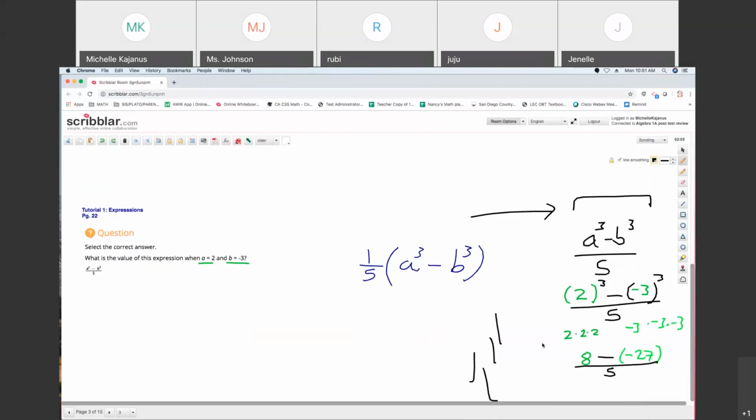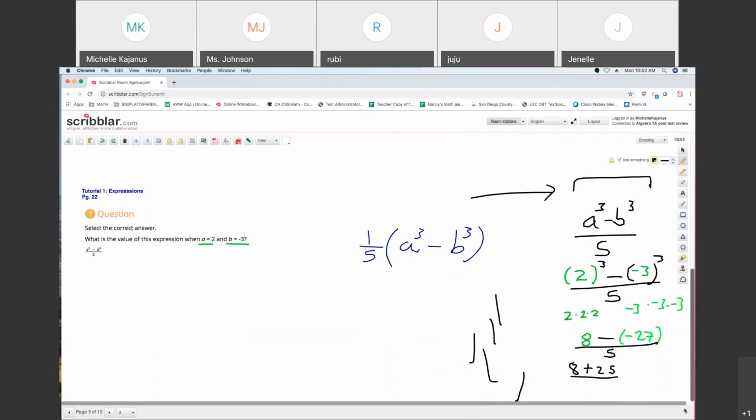Okay, now I have two negatives. 8 minus -27. A negative and a negative turn into a positive, so I'm just going to rewrite this as 8 plus 27 over 5.